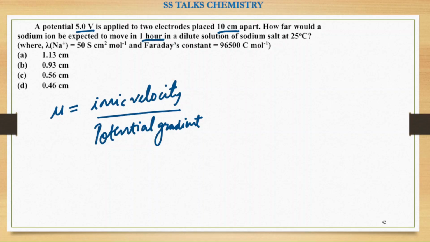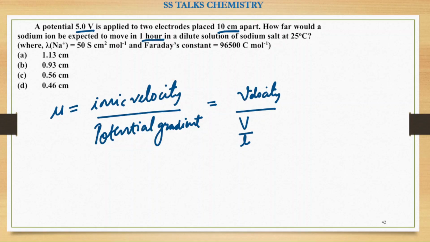So this will be equal to the velocity, which I am denoting with V, upon the potential gradient. Write it completely, because volt also uses the V term. This is volt per unit length. This is the formula for your mobility.